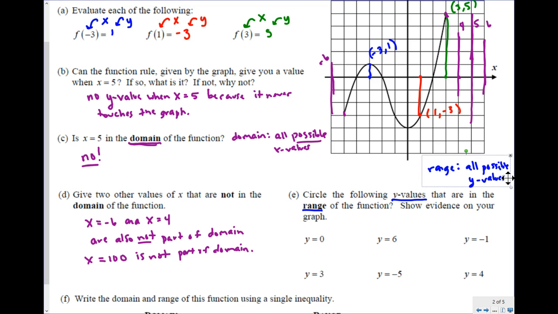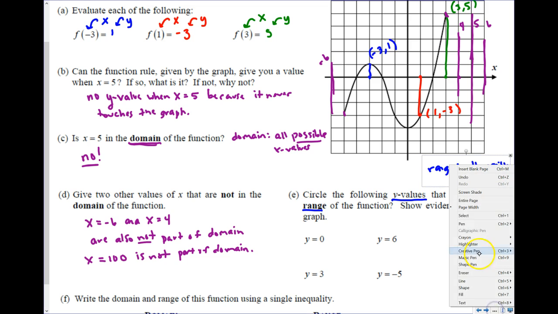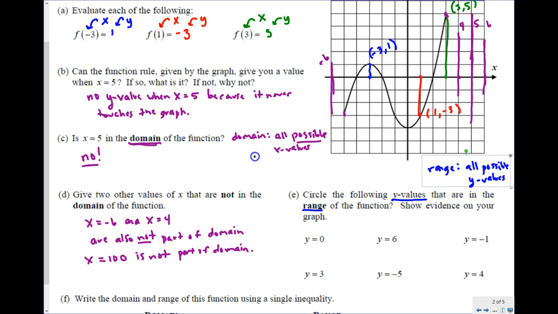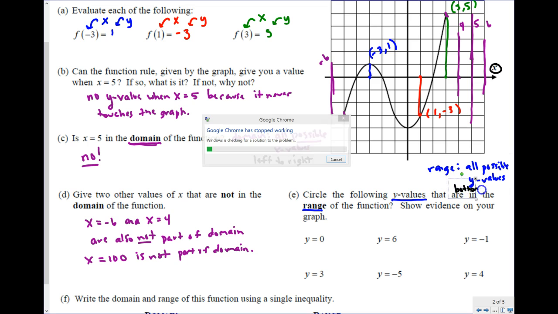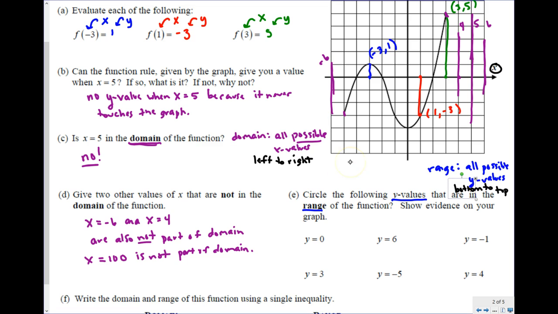X values I often think of from left to right. So when I think domain, I want to think left to right, because the x-axis is here, and that's thinking left to right. But now I'm thinking about y values. In y values, you're going to think bottom to top.